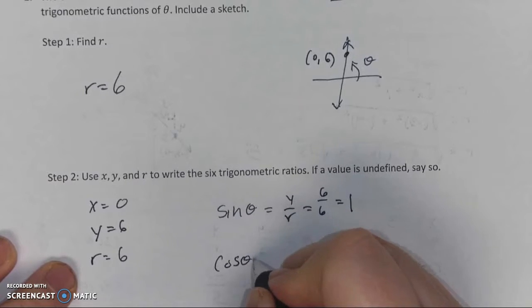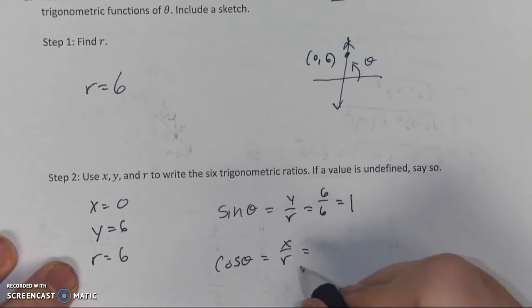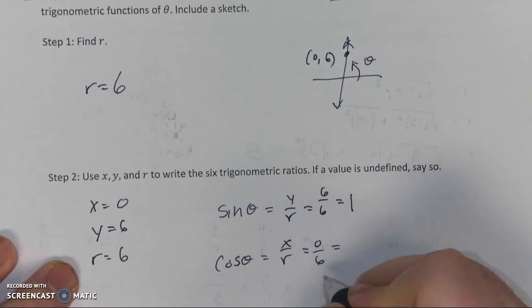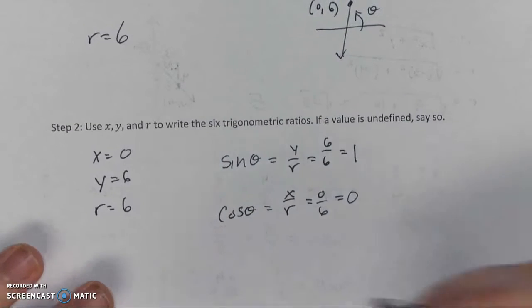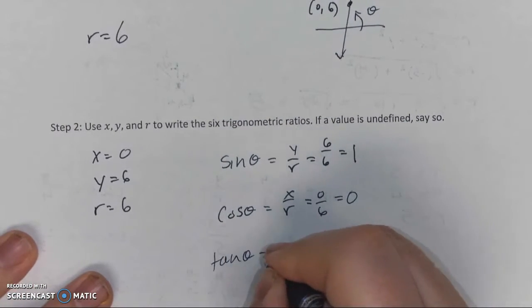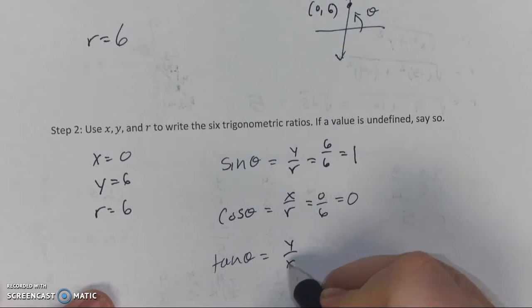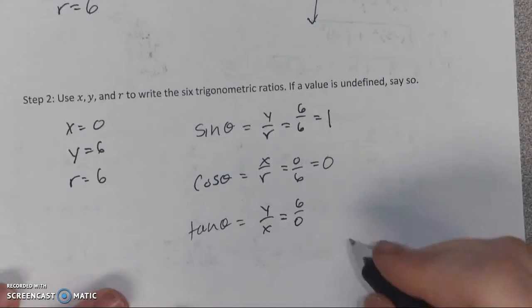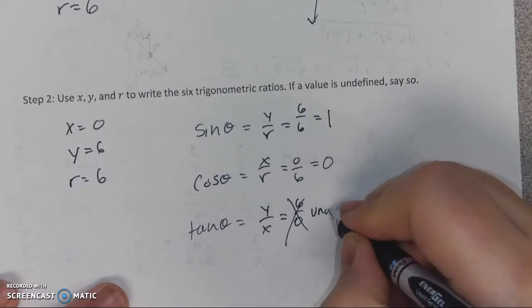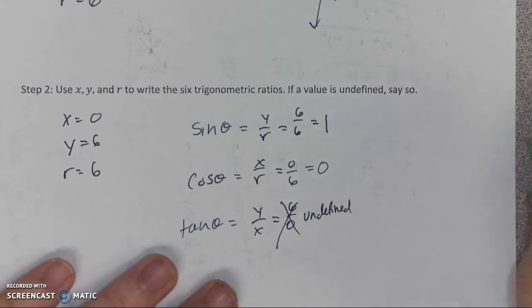Cosine theta is x divided by r, which is 0 divided by 6. This is defined; if you plug that into your calculator, you would get 0. Tangent theta is y divided by x, which is 6 divided by 0. This you cannot do. This is undefined.